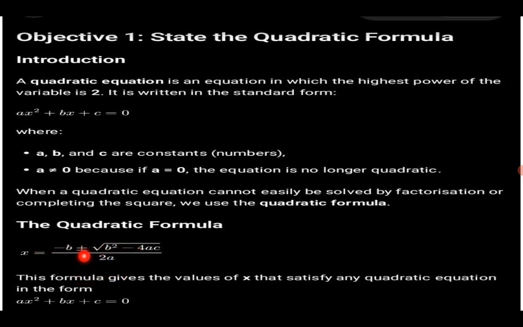This you must memorize. You must have it on your mind all the time. In the exam, they will not give it to you. You simply have to pick it up and use it to solve the quadratic equation in question.